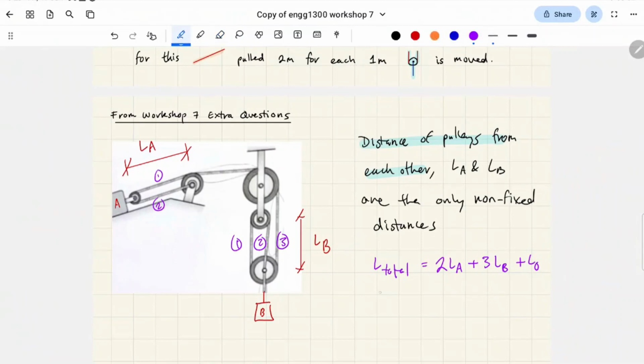And so the total length of the rope is going to be 2 lots of LA plus 3 lots of LB plus LO, which is going to be some fixed distance, right? Which won't move. I haven't represented it here because it's just everything else, right? Like all the rest of the rope, which hasn't been measured, I guess, on my little diagram.